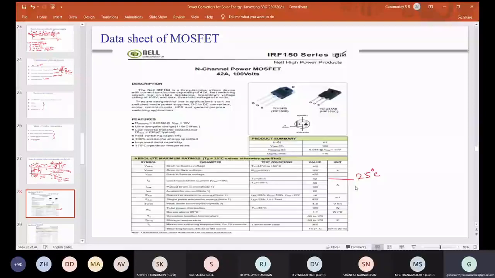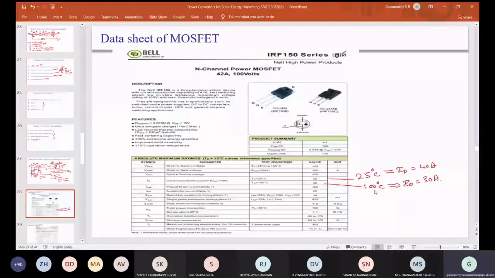At 25 degree the ID is 42 ampere. At 100 degree the ID is 30 ampere, right? You have to select the device based on these considerations. So this is about the current rating.